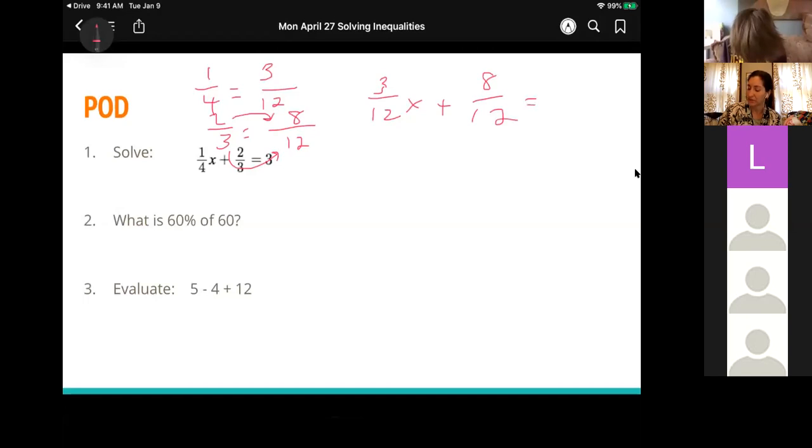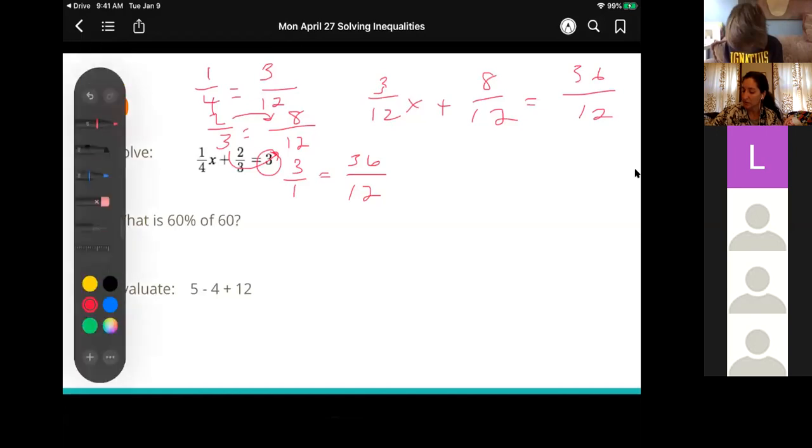And that's going to be equal to, well, this is really 3/1 is equal to what over 12? 36/12. Yeah, 36/12. So what's nice about this is that once you have those common denominators in a fraction equation like this, then you can just use the numerators and solve.